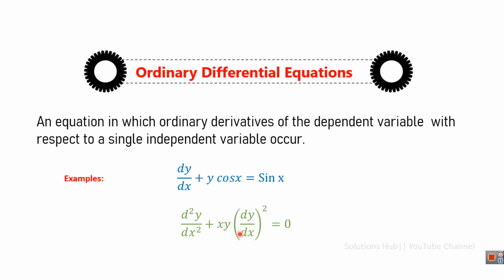The two derivatives appearing here are this and this. This one is a first derivative with respect to the independent variable x, and this one is a second order derivative, or second derivative, with respect to the same independent variable x. So the independent variable in that second example is the same, that is x, only a single independent variable, and their derivatives are involved, so that is why it is also called an ordinary differential equation.